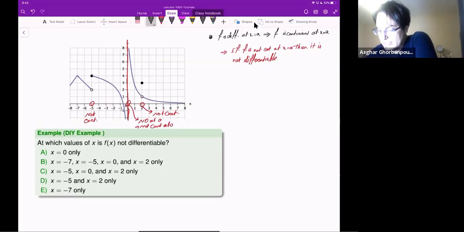The other fact that you should know about differentiability based on the graph is sharp corners.